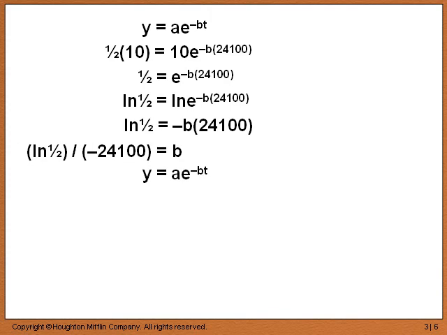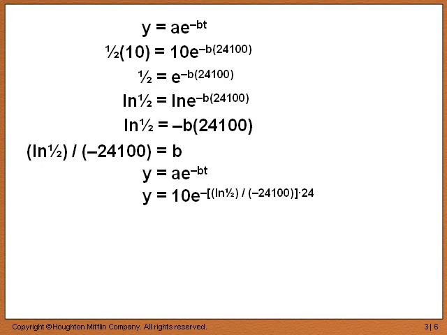And we also know T from the problem, because the starting year was 1986, and the finishing year is 2010. And that means 24 years has gone by. So here's what we put into the model. Y equals 10, that's our initial amount, times e to the negative b, that whole thing, ln 1/2 divided by negative 24,100, times my t, which is 24 years between 1986 and 2010.